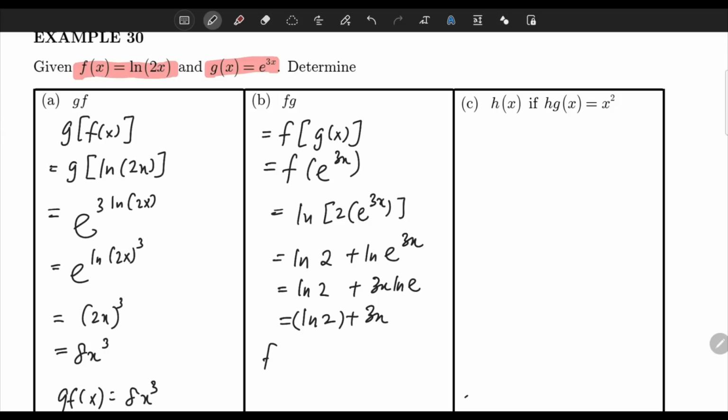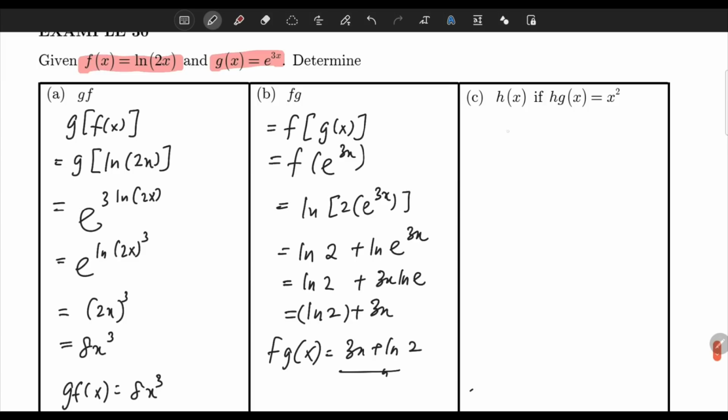Okay, so fg of x, that will be 3x plus ln 2. And then c, determine h(x) if h(g(x)) equals x squared. So h, substitute g(x), e to the power 3x, equal to x squared.